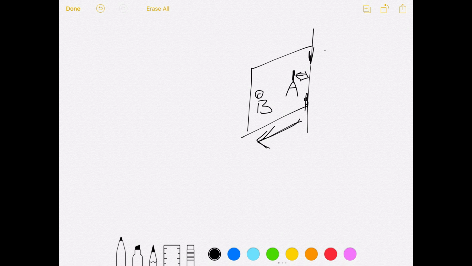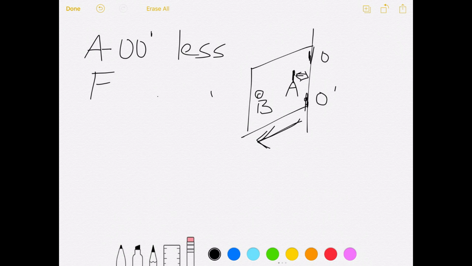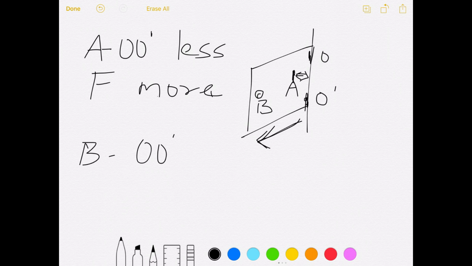So let the hinges be called O and O dash. If the distance from the hinges is very less, then you have to apply more force. And if the distance between the hinges and the handle of the door is more, you have to apply less force, or the force required is very little.